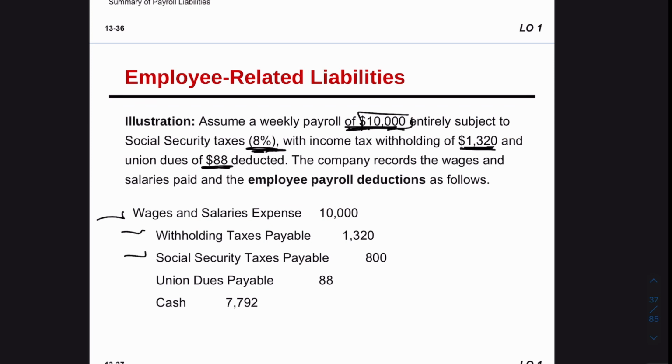And then we have union dues payable of 88. If you add up all these and deduct them from the wages and salaries, you will have the cash. This is how much the employees would have received after deducting all these taxes.